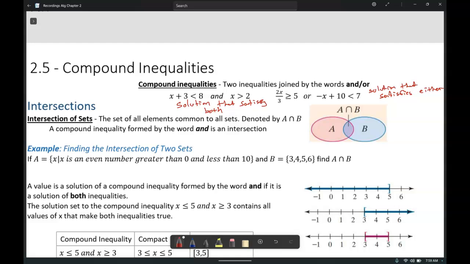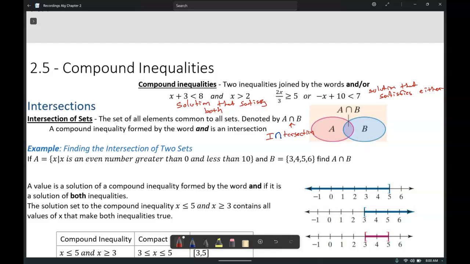So an intersection is our first type. Intersection is the set of all elements common to both sets, or all sets if we have more than one. It's denoted by this arch-looking symbol that kind of looks like an "n," so you can think about intersection to remember what that symbol means, "n" for intersection.